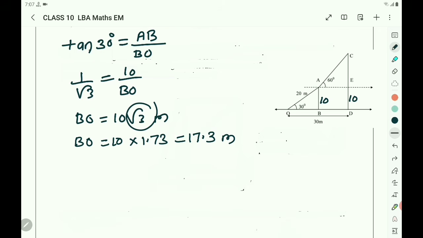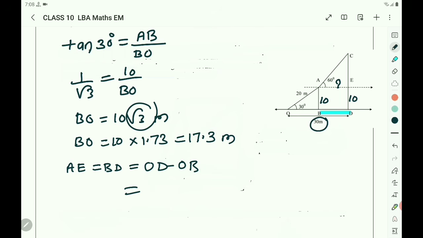Next we have to find out this one. Here AE is equals to BD, you know. Then you write AE equals BD equals OD minus OB. You will get BD. OD is how much?